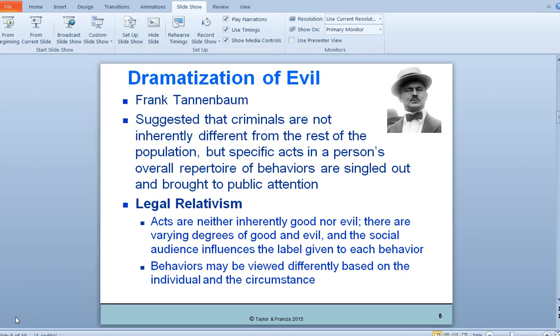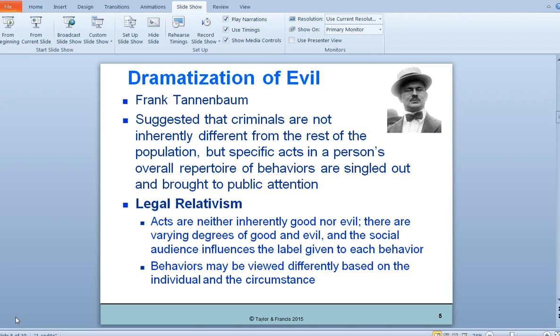Frank Tannenbaum is a social reaction theorist, and he termed the dramatization of evil. He published Crime and Community, and he sought to expand the ability of theories that are already out there to explain criminal behavior by focusing on what transpired after an individual had been caught and identified.